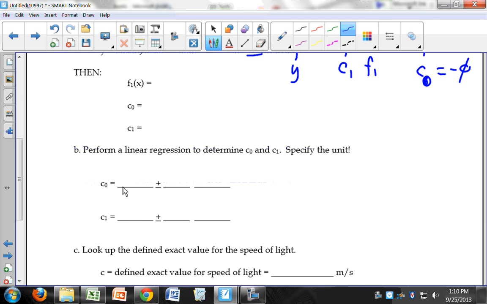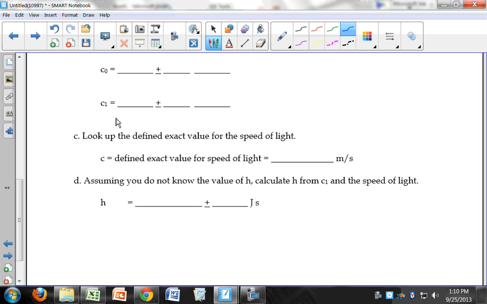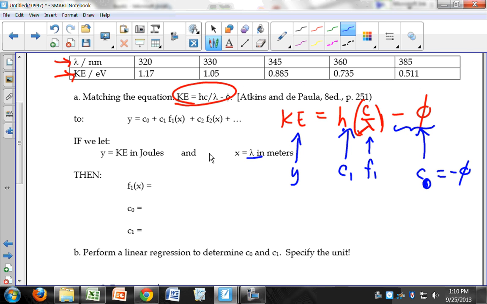So you need to figure that out. You have to look up the exact defined value for the speed of light. So we're going to assume we know that, okay? And we're going to use our data to figure out the value of Planck's constant. And the value of Planck's constant is just going to be C1.